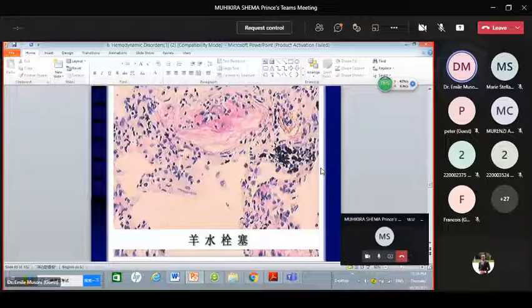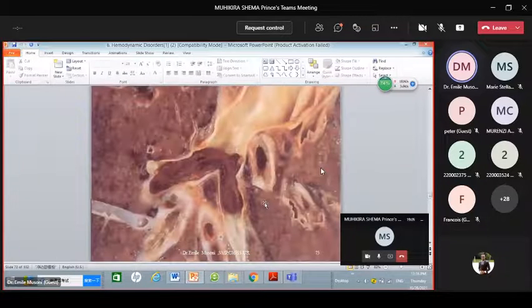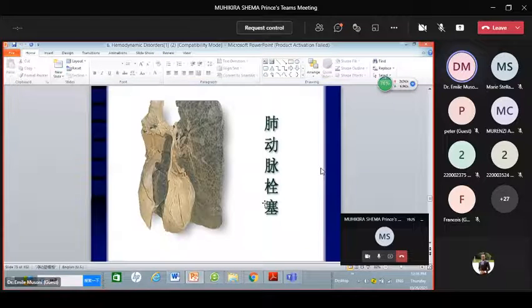This is some in the blood vessel. Thromboembolism is the most common. Some will cause instantaneous death. There will be cardiovascular collapse and moderate compromise.